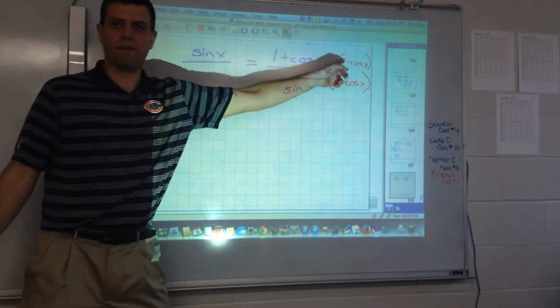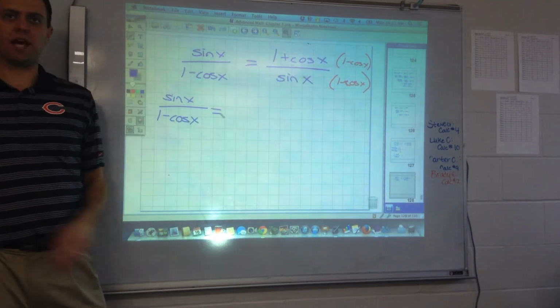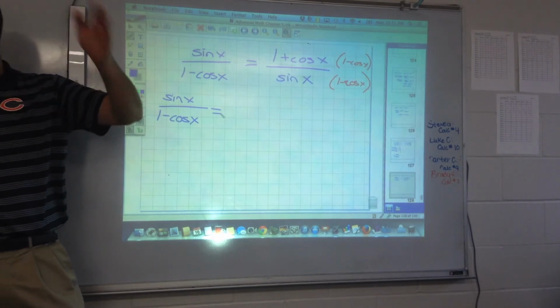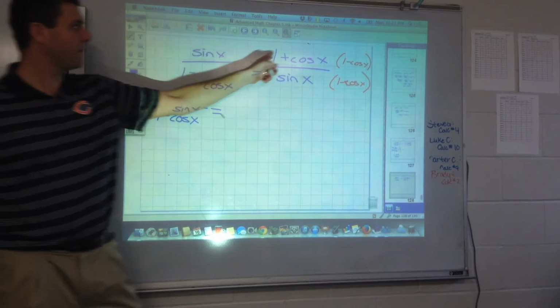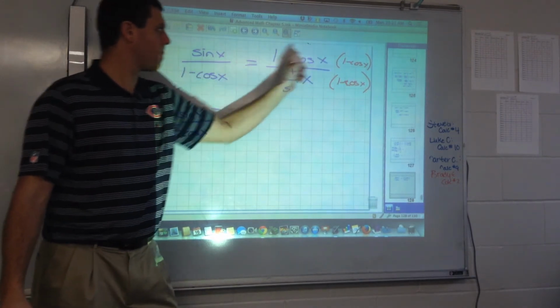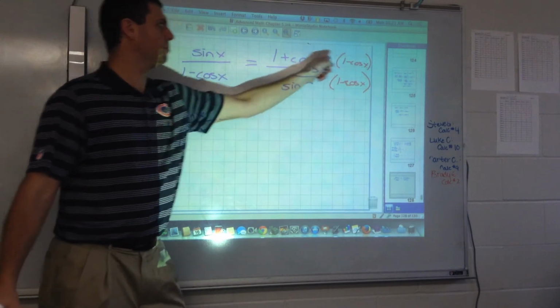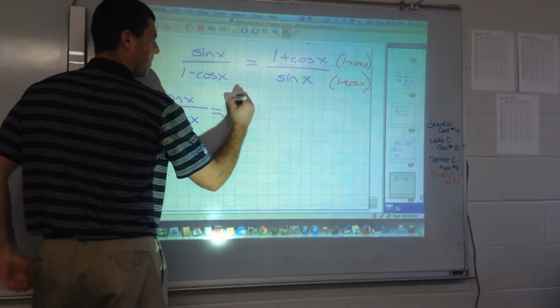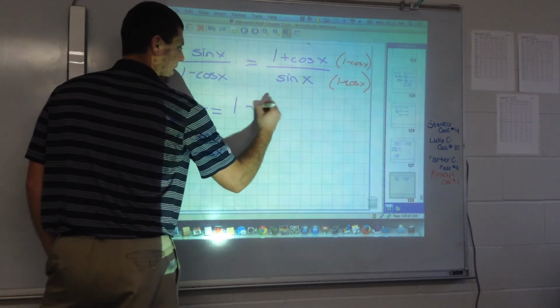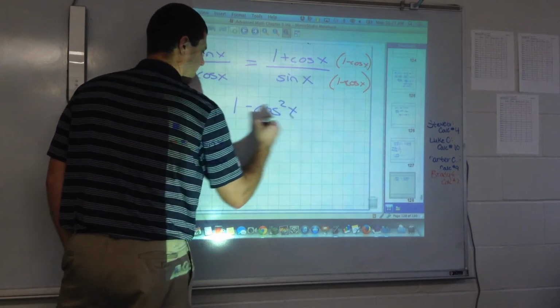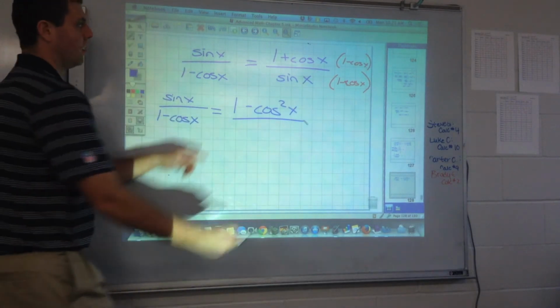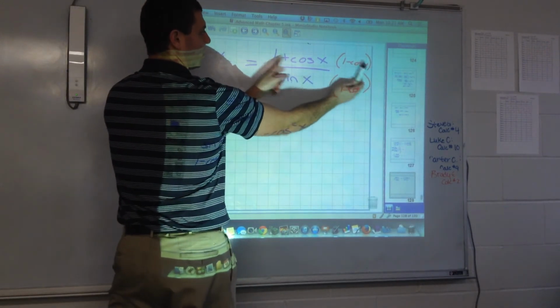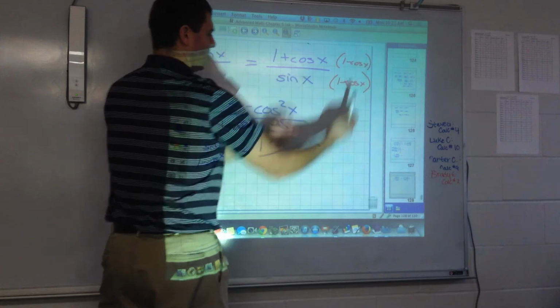Now on the top here, I'm going to FOIL. Okay? So 1 minus cosine x plus cosine x minus cosine squared. So 1 minus cosine squared. Everybody see that?